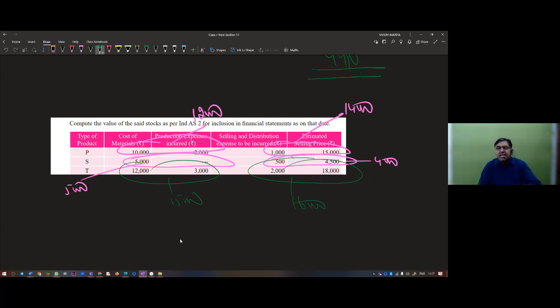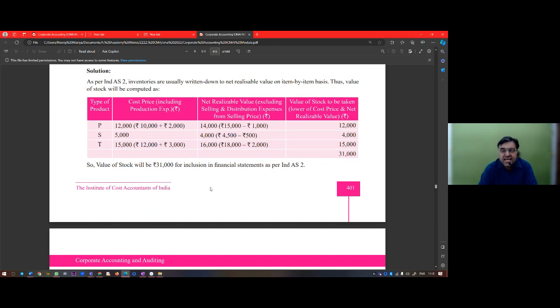So the carrying value will be 12 or 14, whichever is lower; 5 and 4, whichever is lower; 15 and 16, whichever is lower. So the answer is 31,000. Totaling is correct. Yes, correct answer.